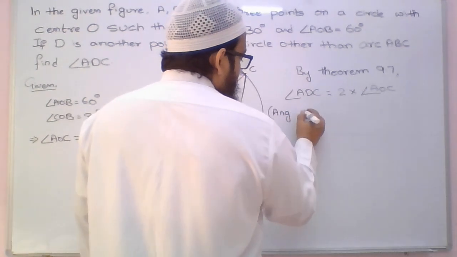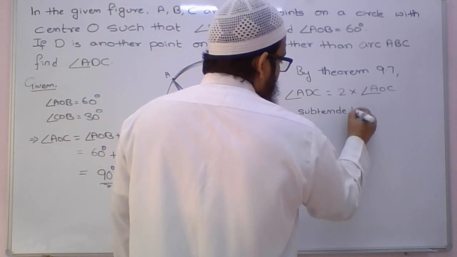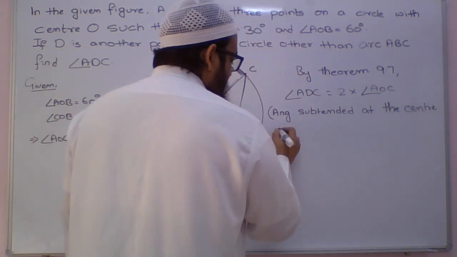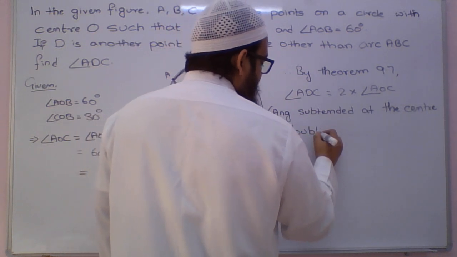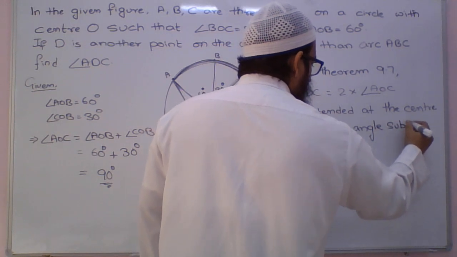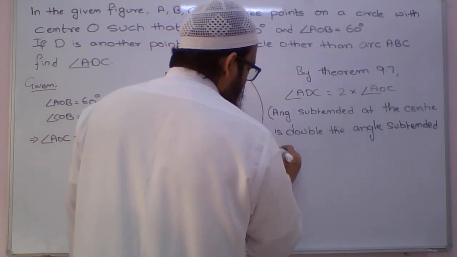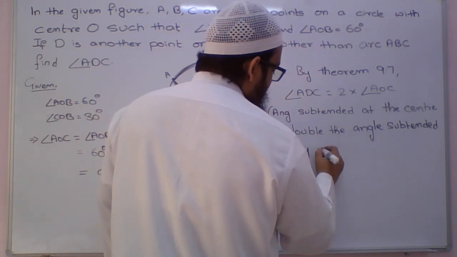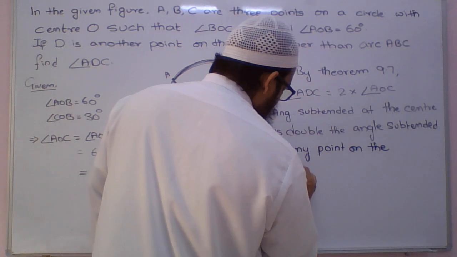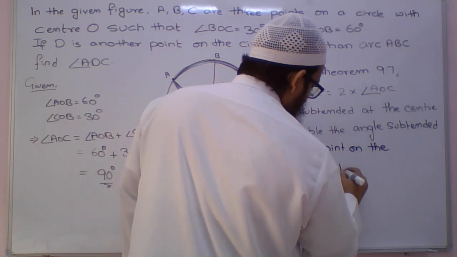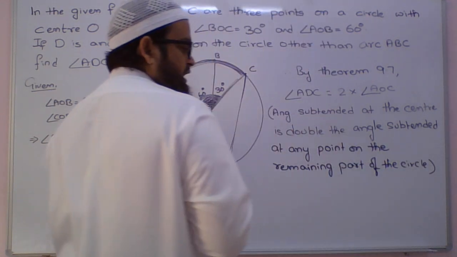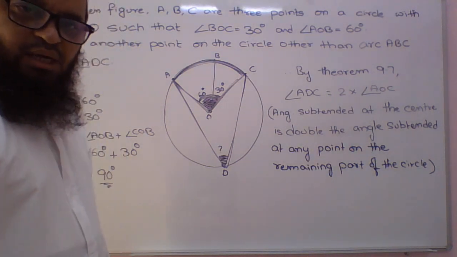The angle subtended at the center is double the angle subtended at any point on the remaining part of the circle. Let us keep it in brackets.